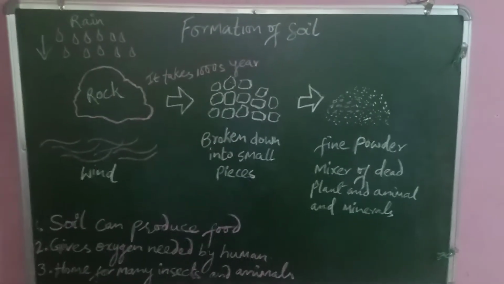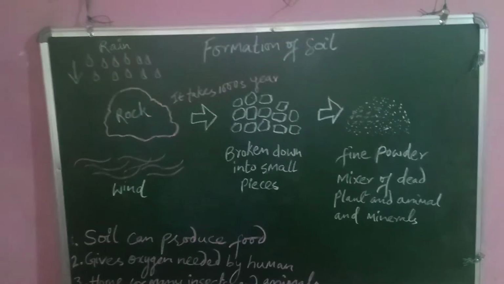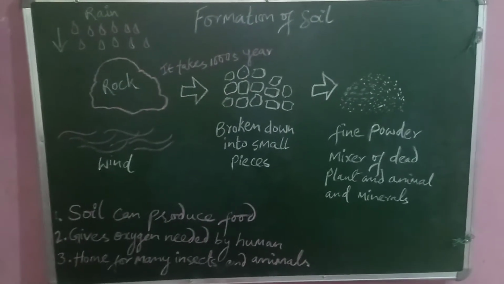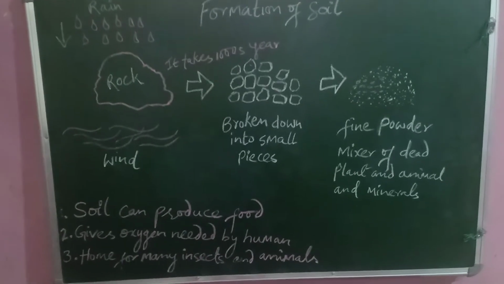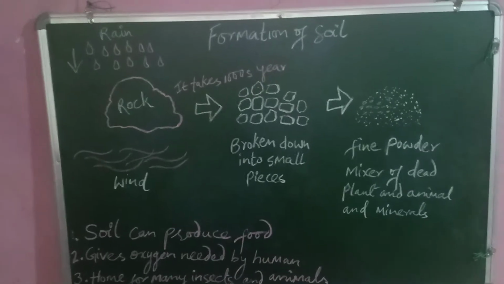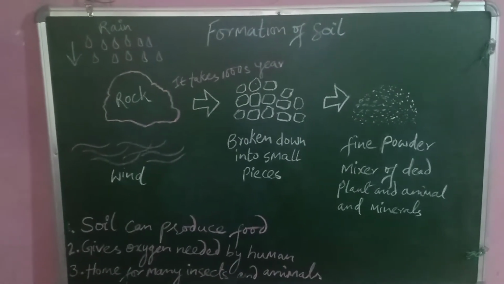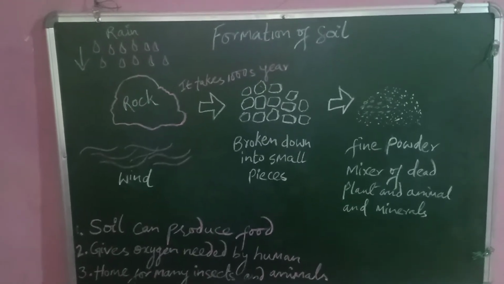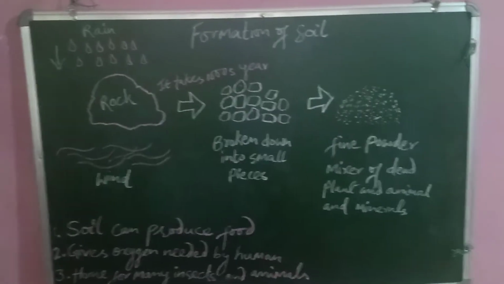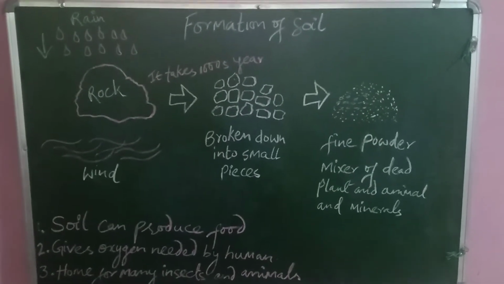When big rock is broken down into smaller pieces with the help of wind and water, till we get a fine powder, this process is called weathering. So the whole process of going from rock to fine powder is called weathering.